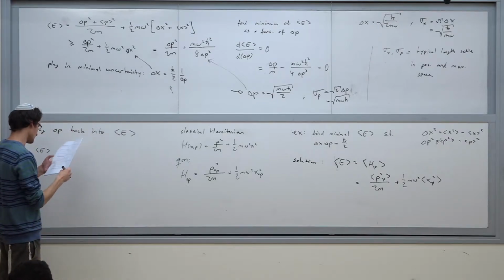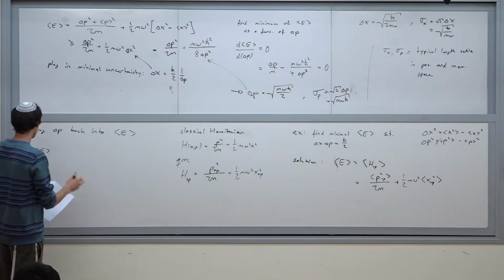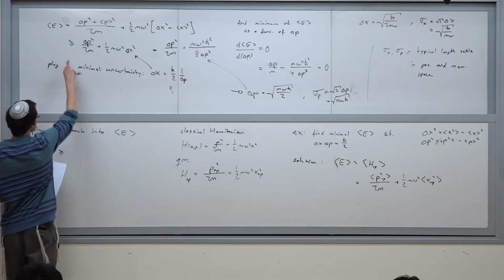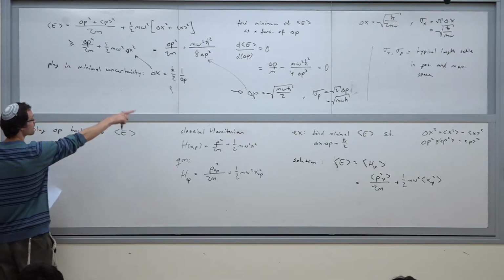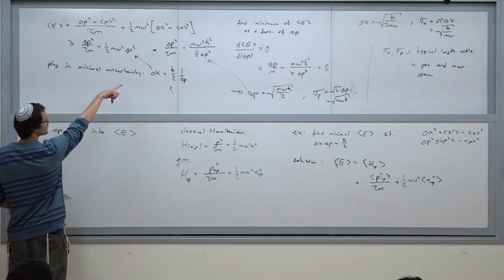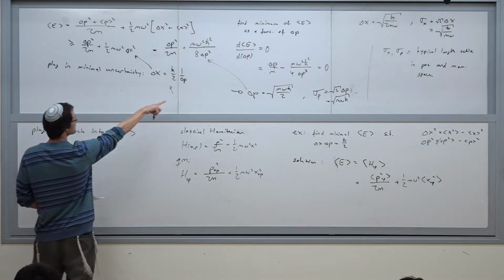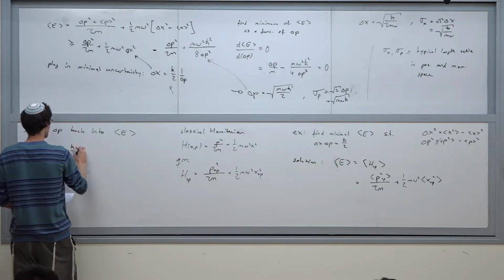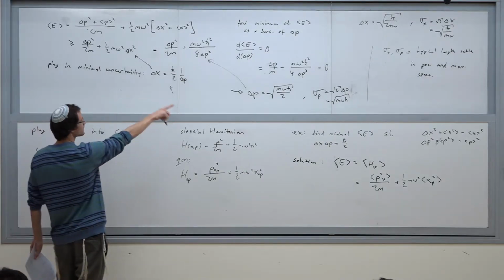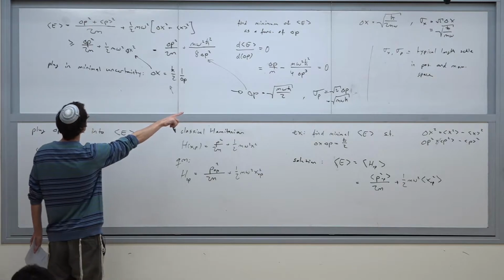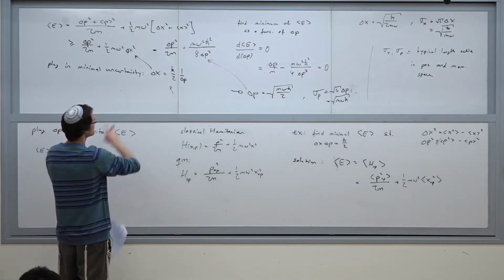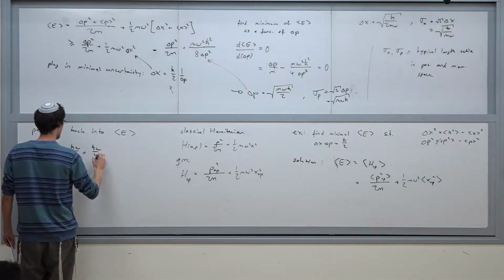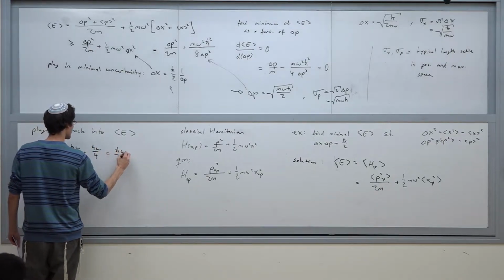When we do so, we find that E is greater or equal than, plugging in the first expression, the m cancels, and we're left with h bar omega over 4. And then we take the square again, but now it's downstairs. So we get again h bar omega over 4, and this is equal to h bar omega over 2.